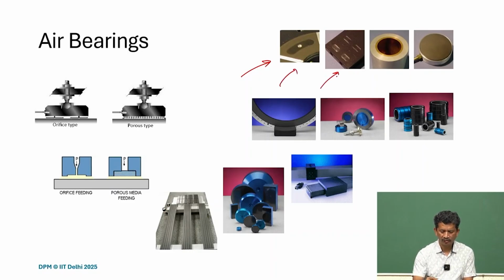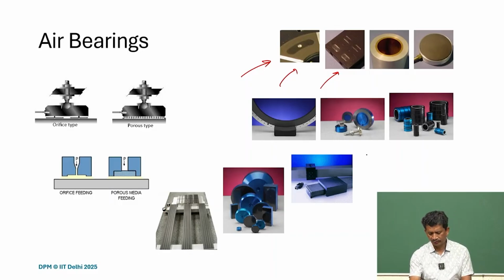One good thing is it can be a separate element also, but at the same time these kinds of designs can be embedded, we can make different kinds of patterns, grooves on the surface itself, and we can get the air bearing inbuilt.